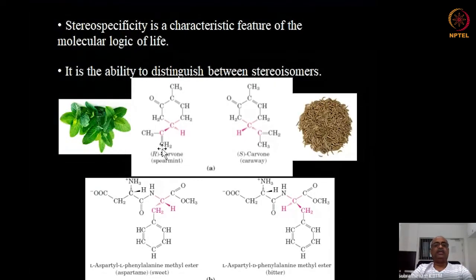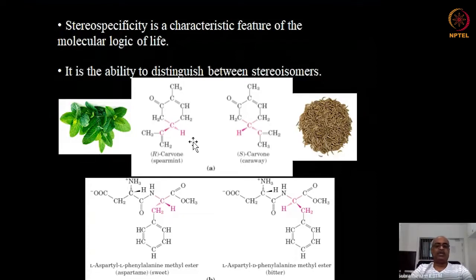In spearmint, it is R orientation, and in caraway, it is the S orientation. And simply due to this, the odorant receptor in your nose where this carvone binds varies, and due to that, this one you smell differently from this.